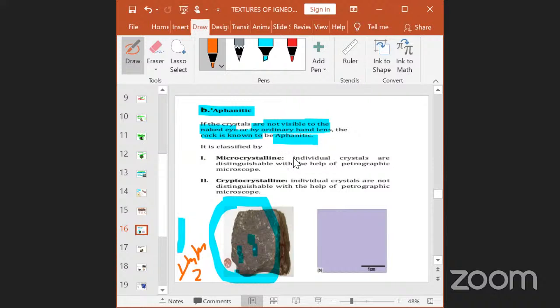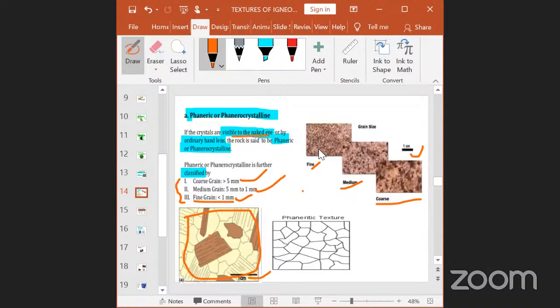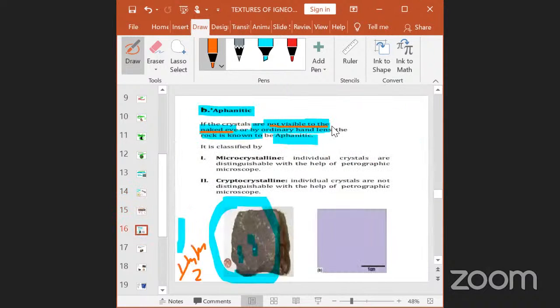So you see the difference between phaneritic and aphanitic. Phaneritic texture is visible to the naked eye, but aphanitic texture is not visible to the naked eye, right?